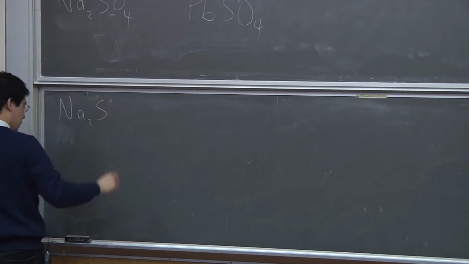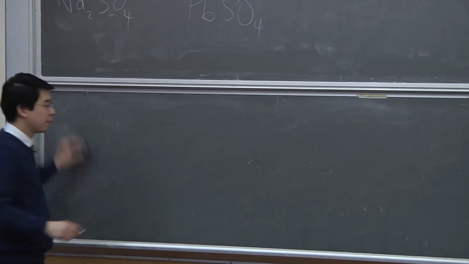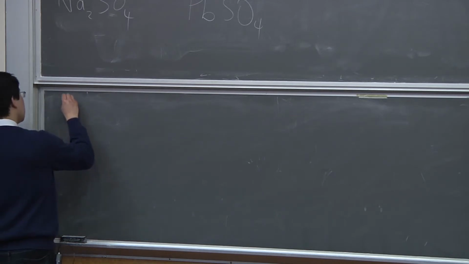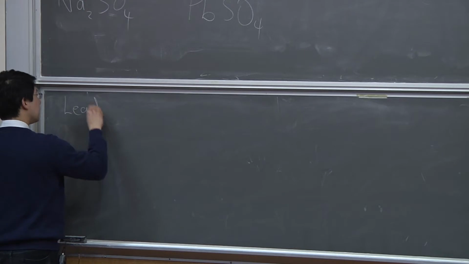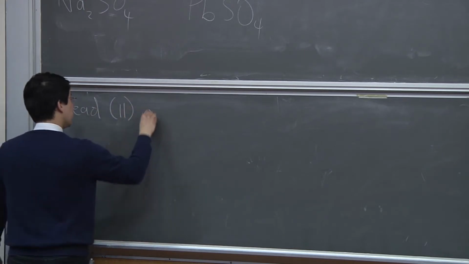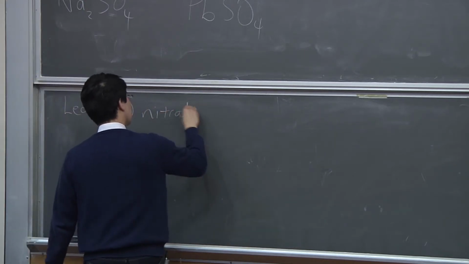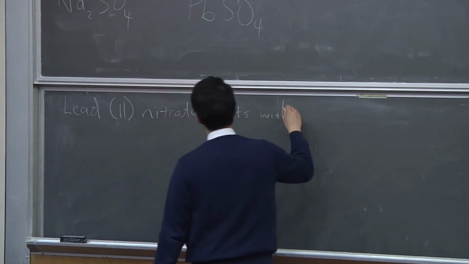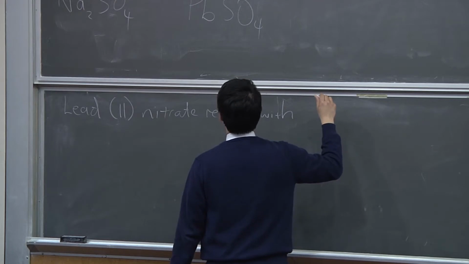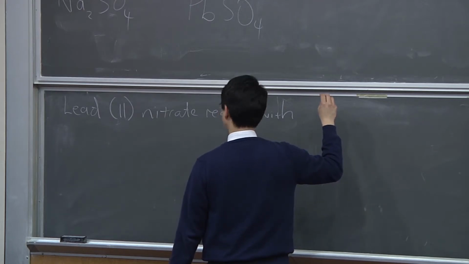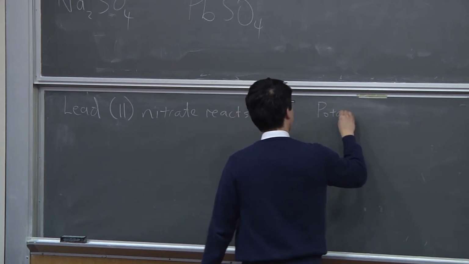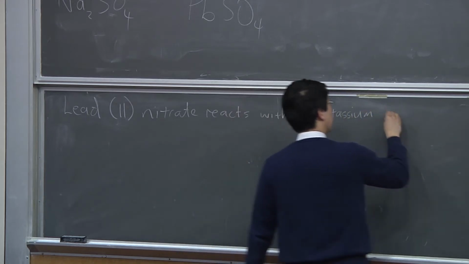Okay, so let's keep that in mind and let's do a reaction. Let's do this from the very beginning, because you might see something like this on your exam. It's quite possible. Let's say lead 2 nitrate reacts with potassium sulfate.